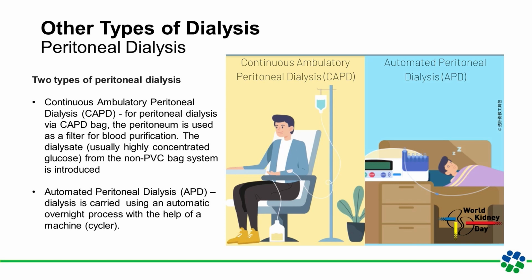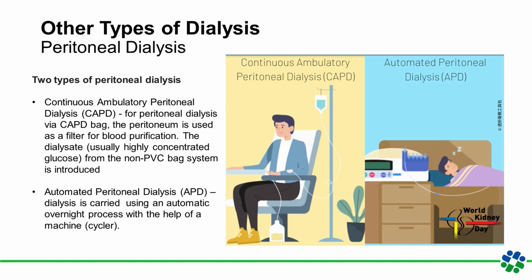The second is automated peritoneal dialysis, or APD, which uses a machine called a cycler. This machine automatically fills and drains your peritoneum, typically while you sleep. And this allows for more freedom during the day, as the dialysis occurs mostly at night. Both methods have an advantage, and both are effective ways of performing dialysis.